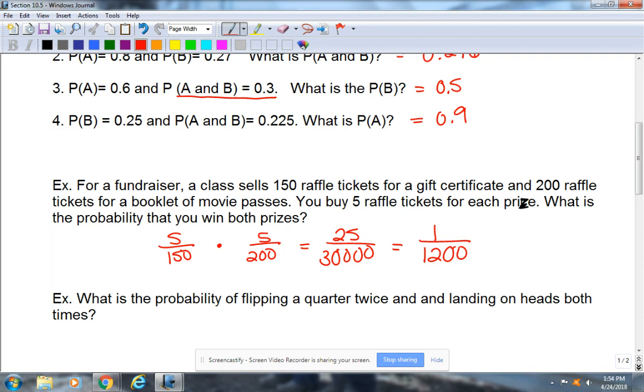I got 20. Now, okay, if I flip my quarter one time, what's the probability I land on head? 50%, a half, right? All of y'all got close to a half, didn't you? This is called an experimental probability because we actually performed the experiment to see how many times we land on heads.